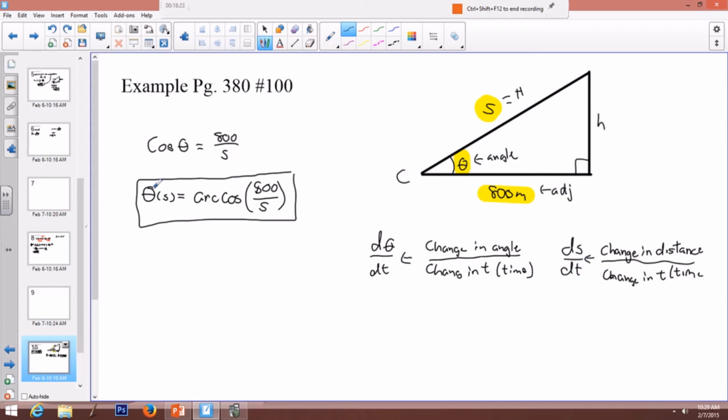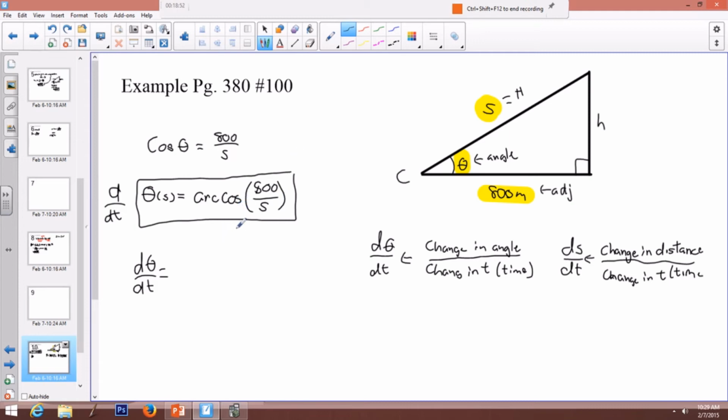So I'm going to take the derivative of this with respect to t, and remember, this is an implicit differentiation because I don't have t as a variable here. So I've got to assume that it's a differential, or I'm going to have a chain somewhere. So this first one will just be d theta over dt, which is what they want us to find. And then the arc cosine is going to be this.